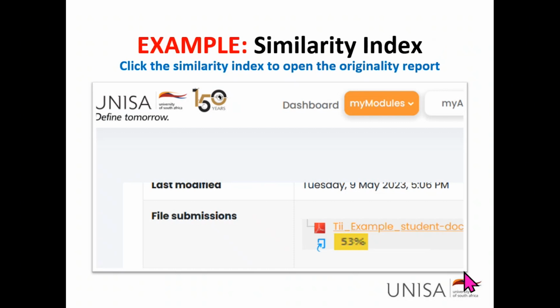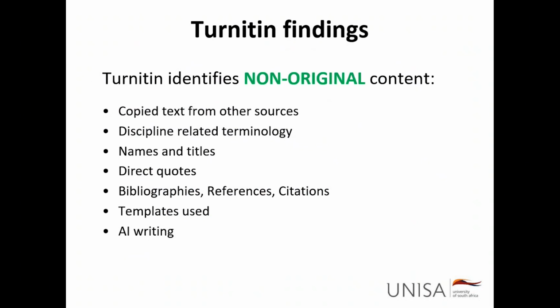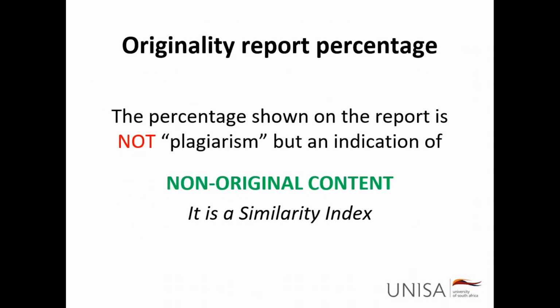If your report was successfully generated, you would see the Turnitin icon. That is the little blue page with the arrow in the corner, and next to it would be a color-coded block with the similarity index. Please note that this is a similarity index. Also note that the color code itself bears no meaning.